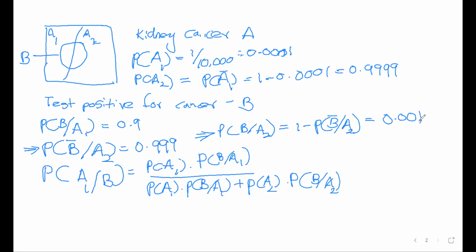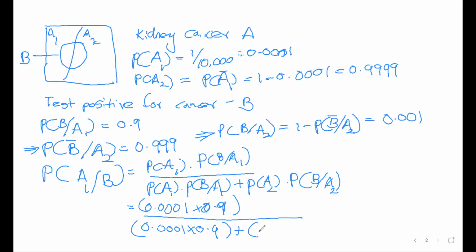Right? Now substituting those values, we can find the solution to the problem. 0.0001 times 0.9, divided by 0.0001 times 0.9 plus 0.9999 times 0.001.